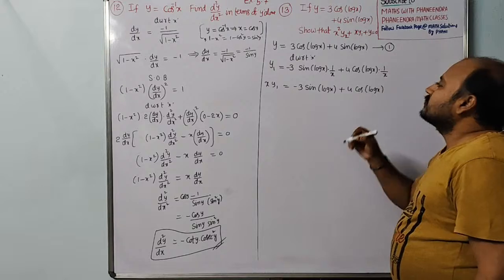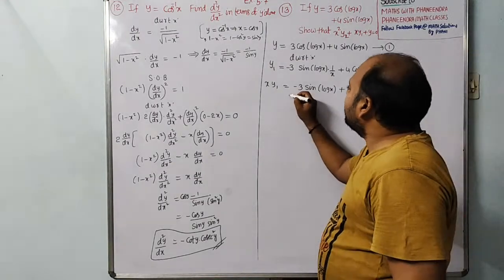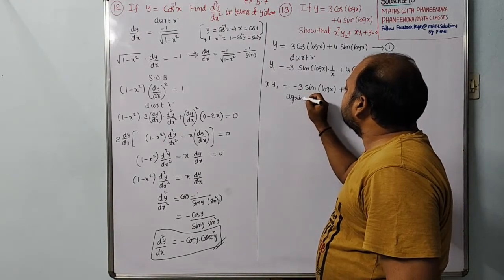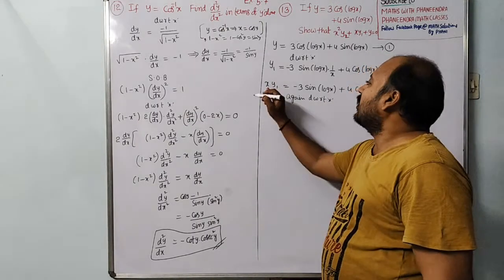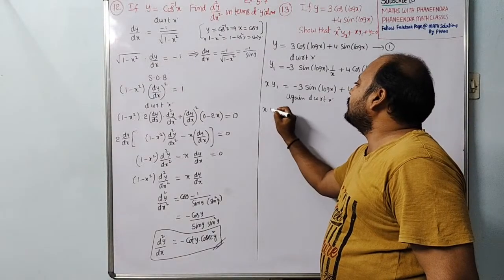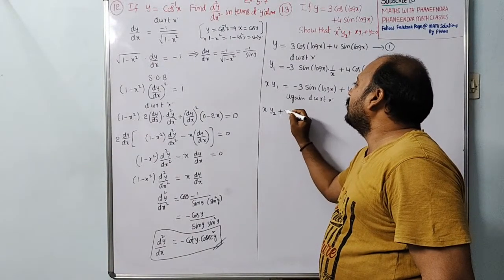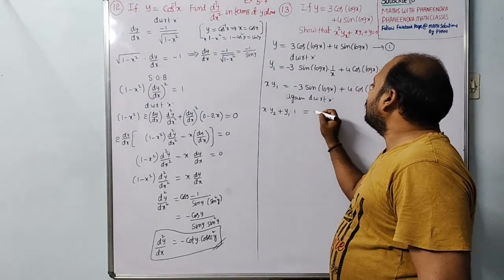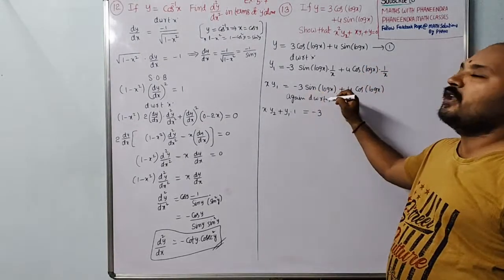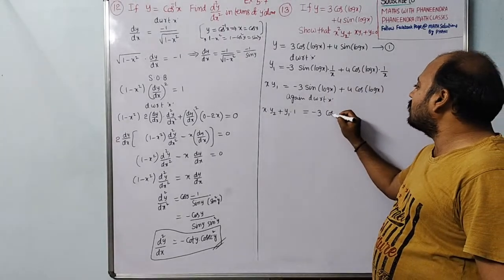Okay, dear students? Again differentiate with respect to x. UV formula: x into y1 derivative is y2, y1 into x derivative is 1, is equal to minus 3 into sin of log x derivative is cos of log x.